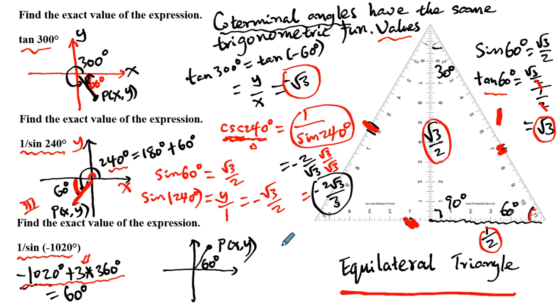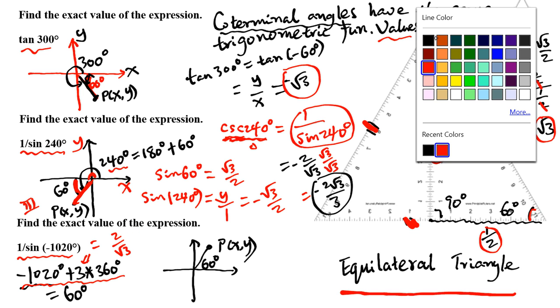So here sine 60 degrees is radical 3 over 2, and we simply flip this one. That will be 2 over radical 3.